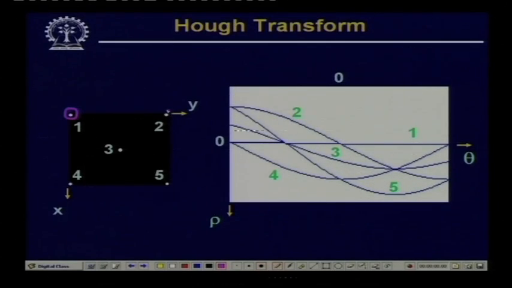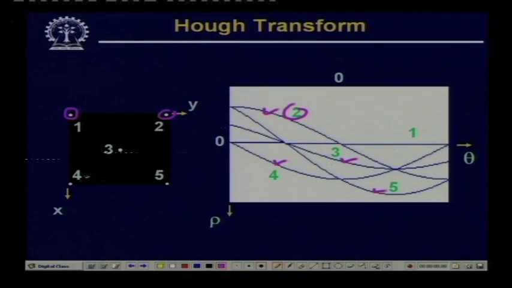Point 2 has been mapped to a sinusoidal curve as given by this. Point 3 again has been mapped to this particular sinusoidal curve, 4 to this one, and 5 to this one.